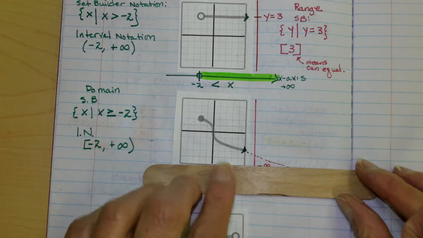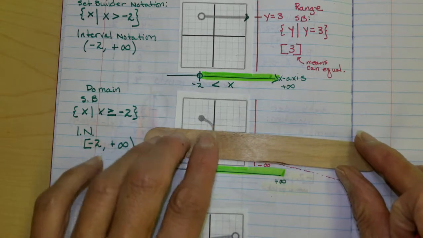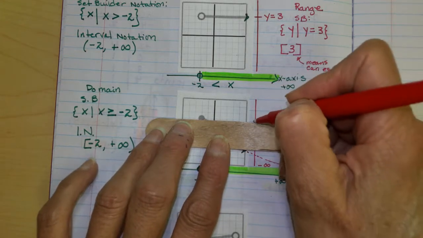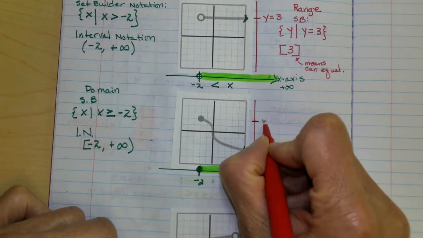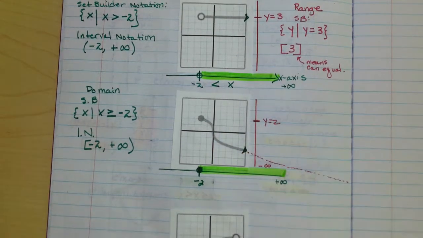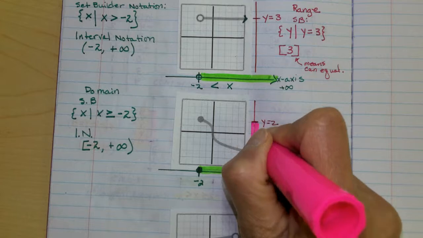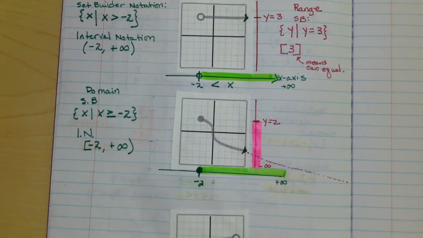I just can't see it. I have to imagine off the graph. And it keeps touching this function until I get up here to this value where y equals 2. So if I'm looking at my values of y, it's everything from 2 down to -infinity. It goes down forever.